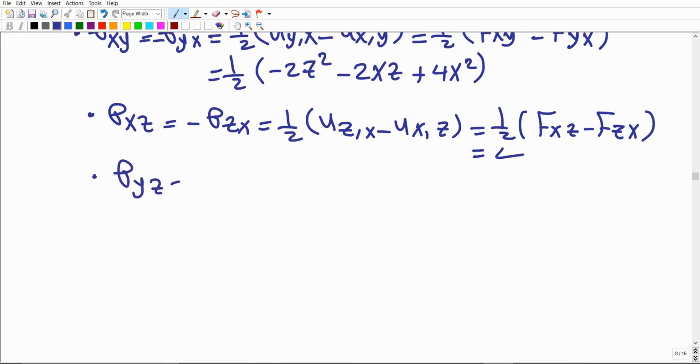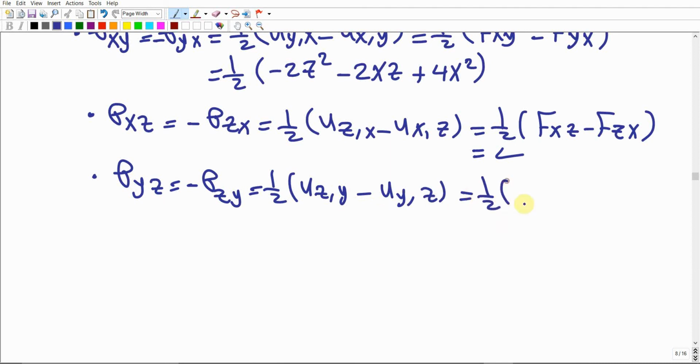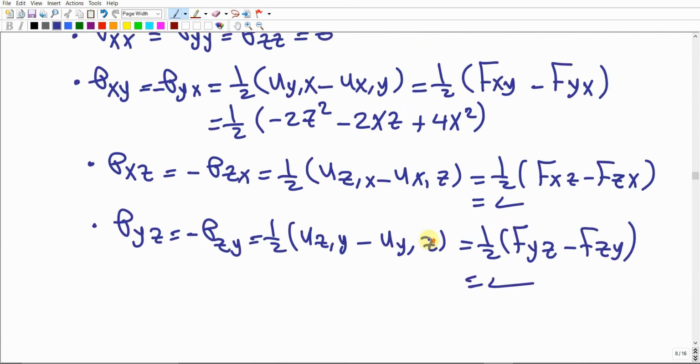Theta yz is going to be the negative of theta zy, equal to 1 over 2 the uz comma y negative the uy comma z, and this is going to be half of the fyz negative the fzy. Make sense? You're going to get it with a value.